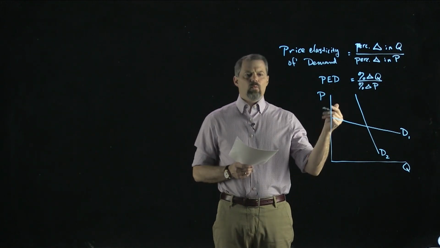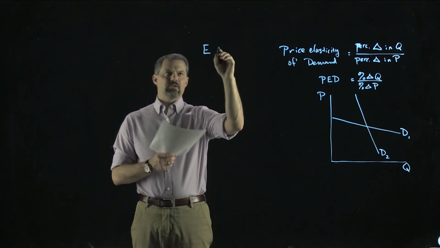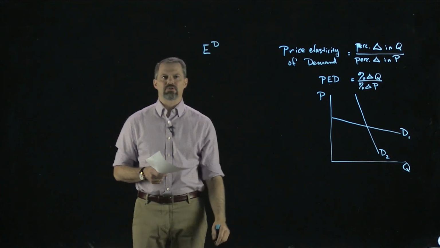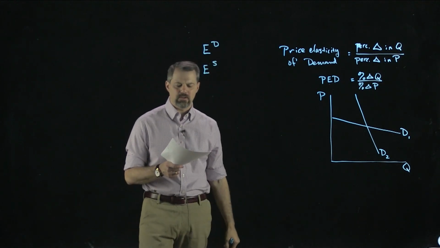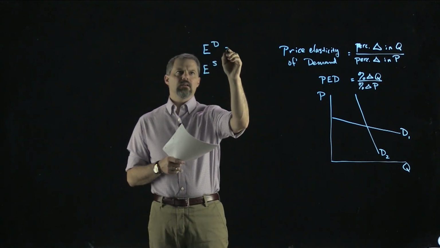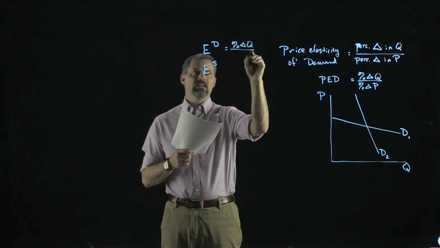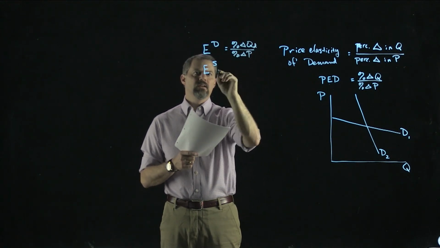So the textbook that we use is going to use a little bit different notation. For demand elasticity, it has E with a D superscript, and for supply elasticity, it has E with an S superscript. But in terms of how they're defined, it's still just the percent change in quantity divided by the percent change in price, where this is quantity demanded.